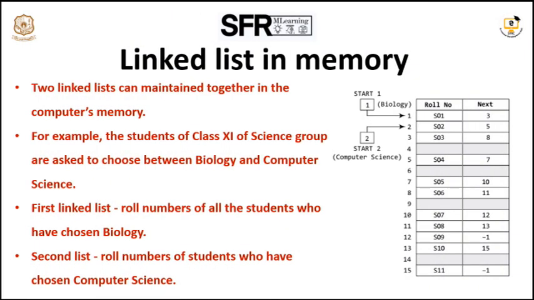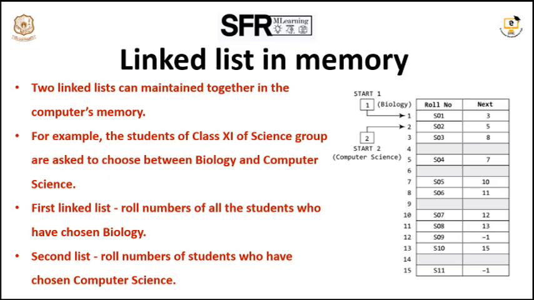We can maintain two linked lists together in computer memory. In this example, 11th standard students can choose either biology or computer science. We will maintain two linked lists, one for each subject.